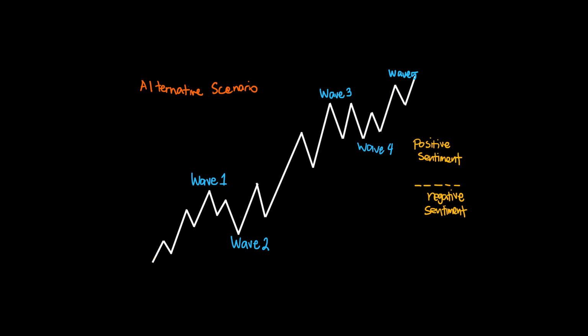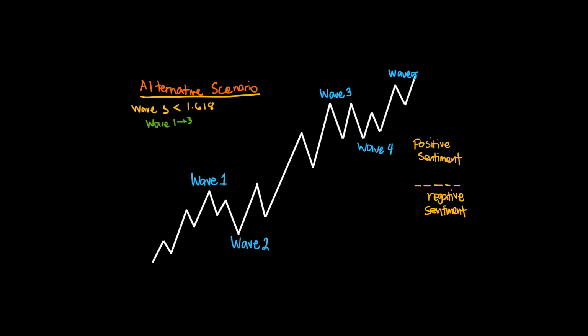Now, there is one other scenario that we also observe in wave 5s. This alternative scenario only applies when wave 3 is not extended. That means your wave 3 is less than the 1.618 fib extension. Should this be the case, then how you measure wave 5 should be in relation to the size of the beginning of wave 1 to the end of wave 3.